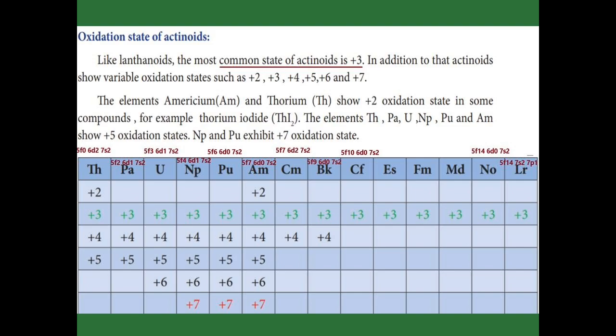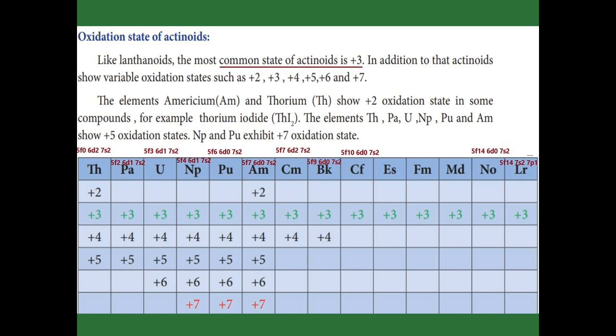So like that, Pa means protactinium. In protactinium, the common oxidation number is +3, and we get the +4 oxidation number from the last electrons; 4 electrons lost means we get the +4 oxidation number. The protactinium outer electronic configuration is 5f0, 6d1, 7s2. So when the last 5 electrons are lost, it has the oxidation number +5. And uranium has the common oxidation number +3, along with +4, +5, +6.